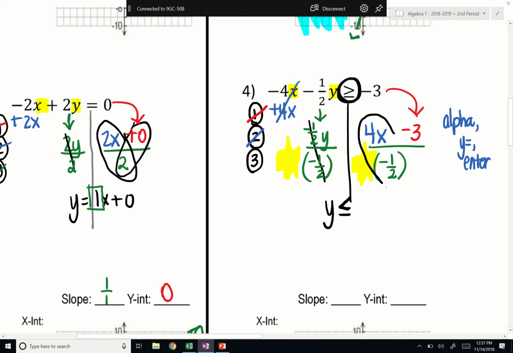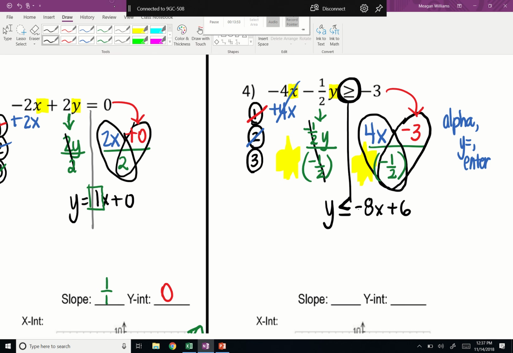Now what is 4 divided by -1/2? Shouldn't it be negative? Yes. Positive divided by negative stays negative. Now what does a negative divided by negative give me? What's -3 divided by -1/2? +6.